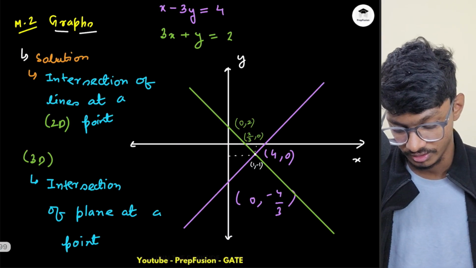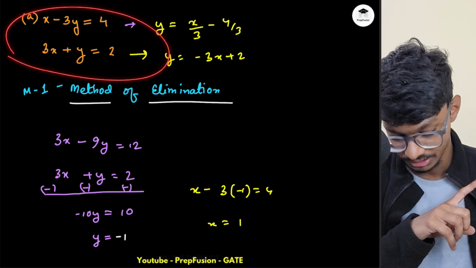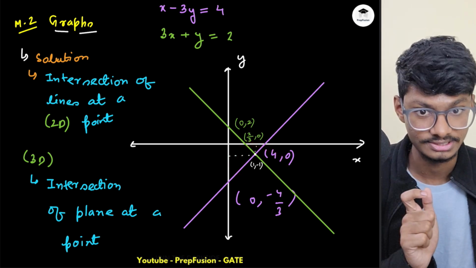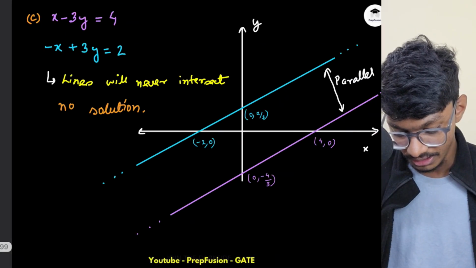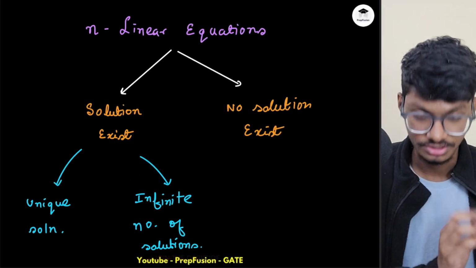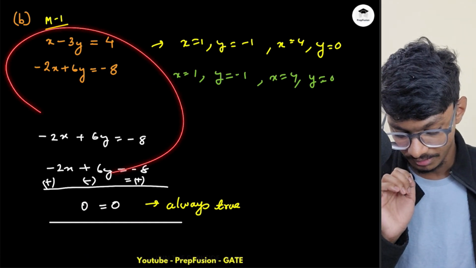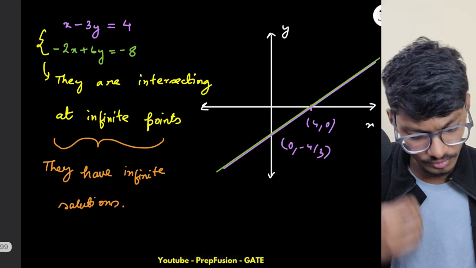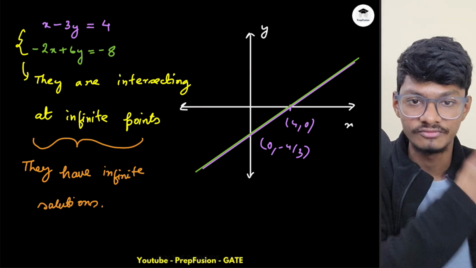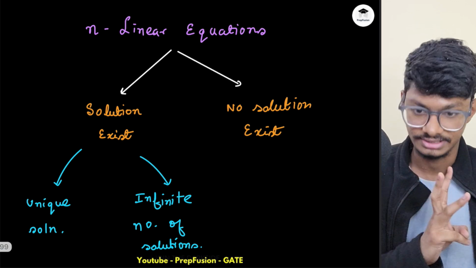In the first case, we saw only one point satisfying these two equations, or only one point where these two lines intersect. But in this case, an infinite number of points are satisfying. I take any point, all of them will be satisfying, so I will have an infinite number of solutions.